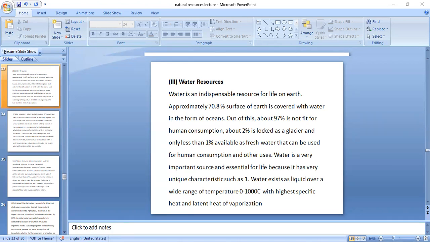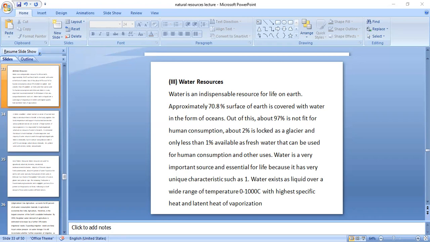So if water is in excess, if water is in plenty, even though it create a problem for we people, even though it create a problem for population, but if it is in a very less amount, if it is in a scarce form, then it create again a problem.